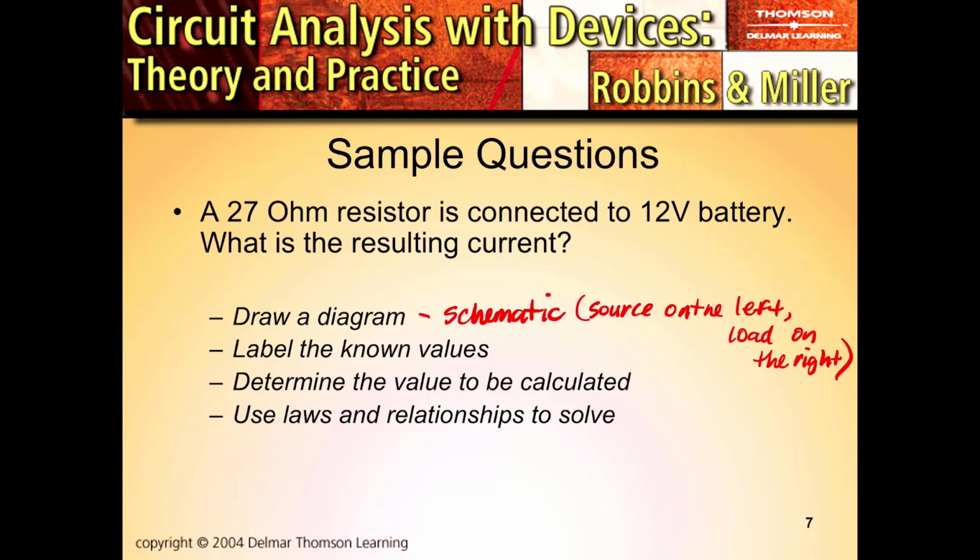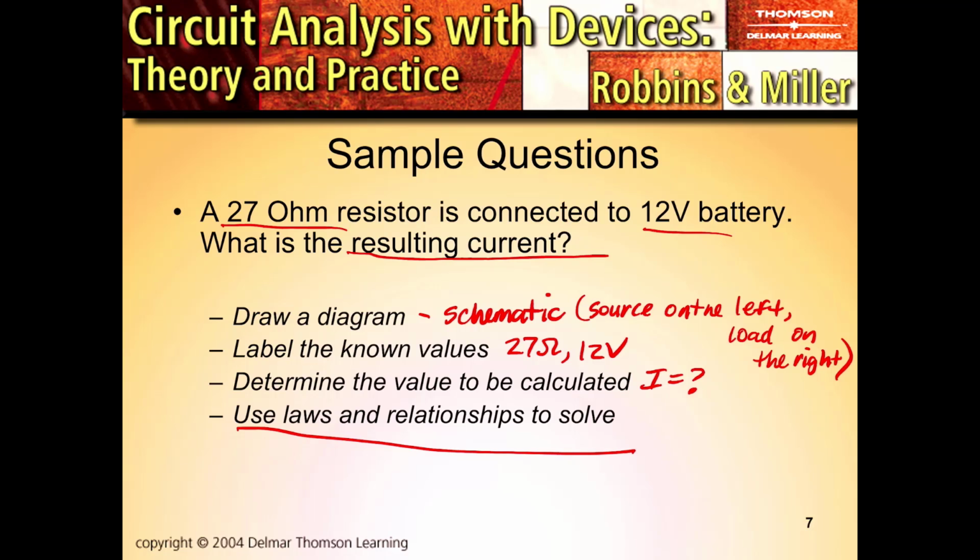Label the known values. What do we know here? 27 ohms, 12 volts. So in this case, 27 ohms and 12 volts is what we'd add to our diagram. Now it says determine which value is to be calculated. It's wanting to know what's the resulting current, right? So here's where we're going to say I is what we need to determine. And then lastly, we use relationships and laws to solve.